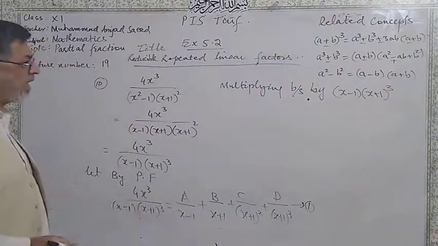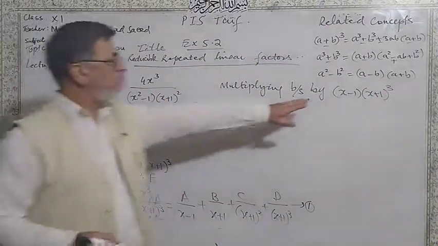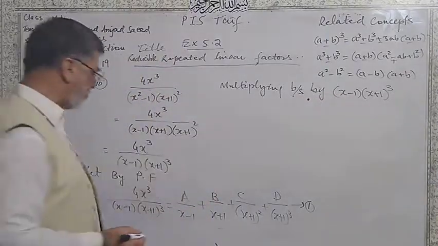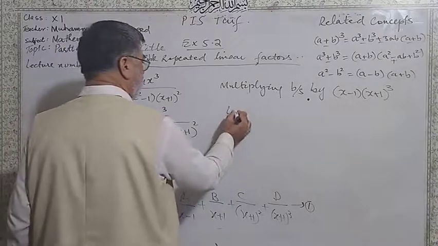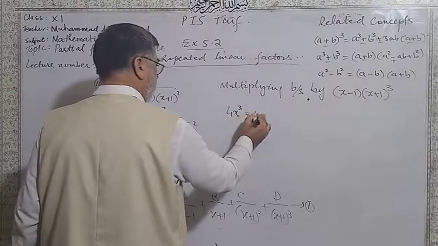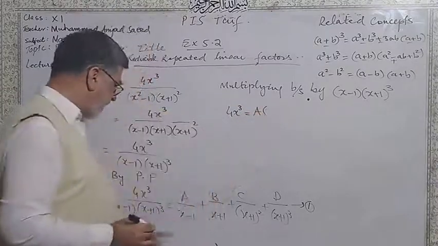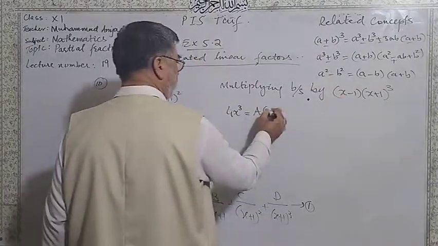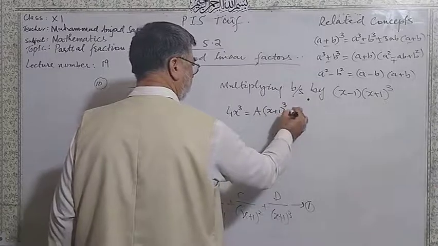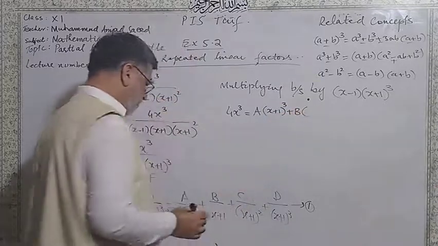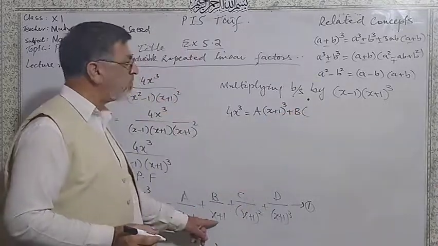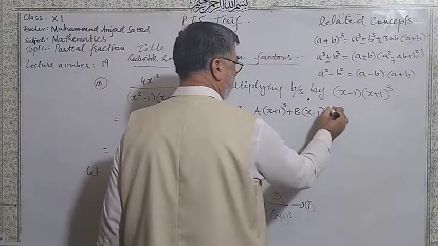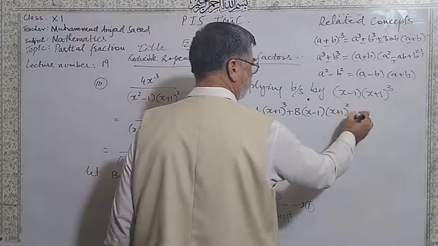I am writing down directly, these two are multiplied on the left hand side and both will be cancelled out, and we are left with 4x cube is equal to a into (x minus 1) cancelled out, we have (x plus 1) whole cube. Then b into this x plus 1 power cancelled, we have (x minus 1) into (x plus 1) square.